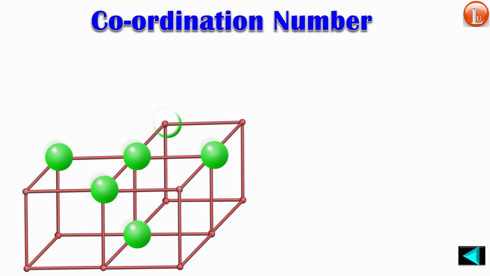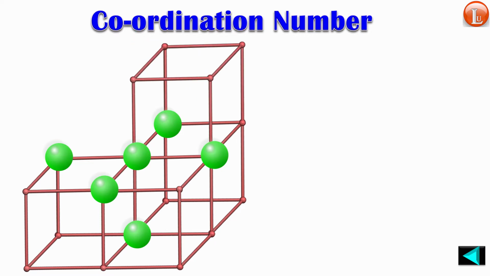This atom is at a distance A, and there's a unit cell on top of this having this atom at a distance of A. So basically it is touching 6 atoms, or you can assume that it is touching 2 atoms in every axis. X, Y and Z axis, it is touching 2 atoms each, totally 6. So the coordination number of a primitive cubic unit cell is 6.